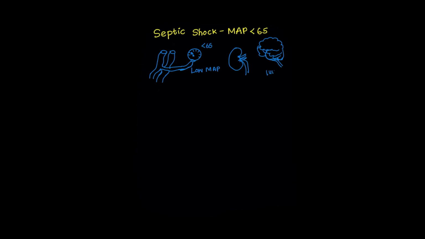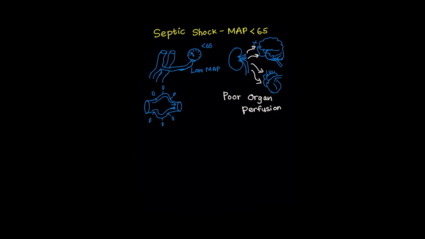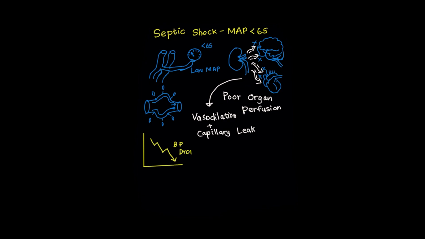Mean arterial pressure below 65 indicates septic shock, requiring immediate ICU transfer. MAP represents the average pressure in arteries throughout the cardiac cycle and directly determines organ perfusion. When MAP drops below 65, kidneys, brain, and other vital organs aren't receiving enough blood flow to function. In septic shock from pneumonia, bacterial toxins cause massive vasodilation and capillary leak, dropping blood pressure catastrophically.